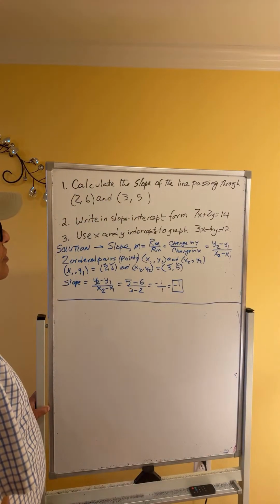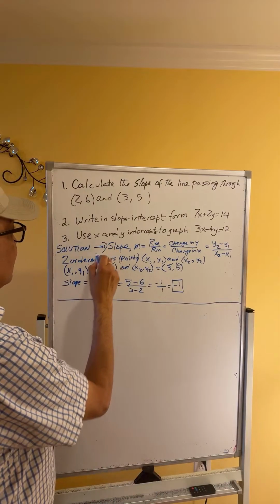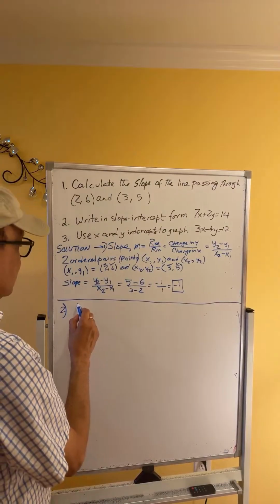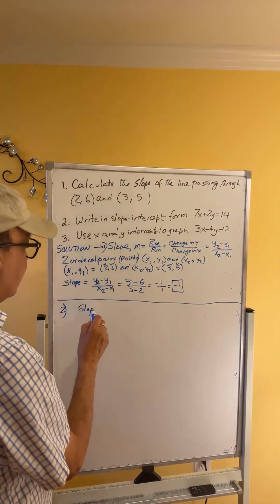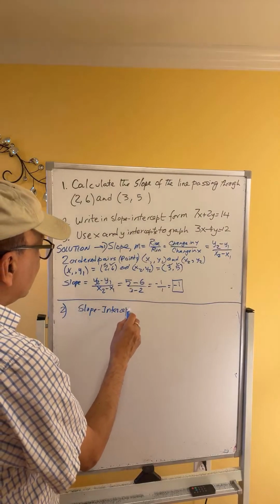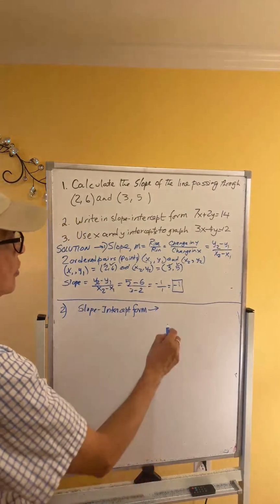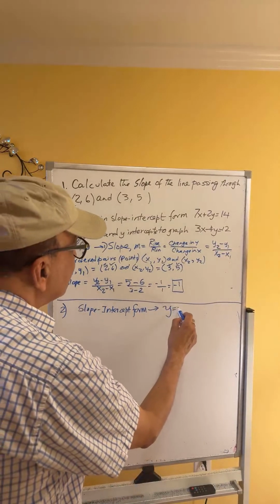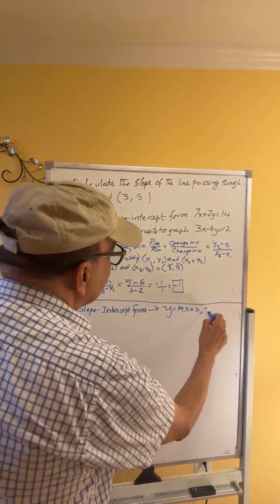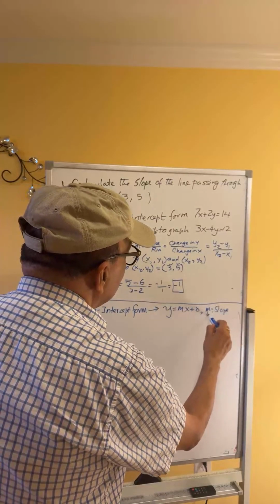Number 2, writing slope intercept form. Equation of a line, slope intercept form is y equal to mx plus b. M is the slope, b is the intercept.